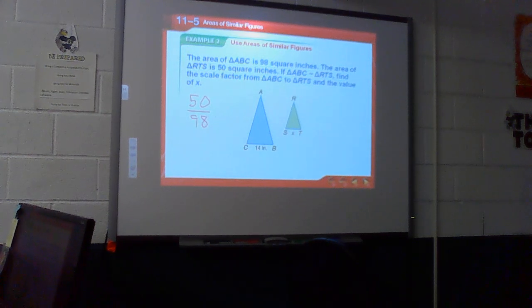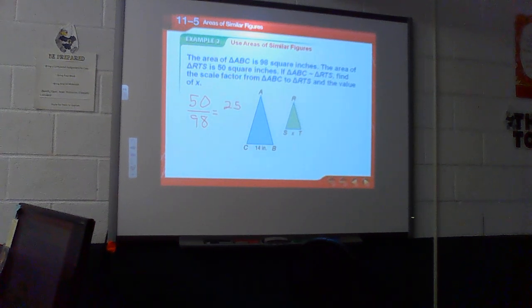So if I look at those two fractions right there, remember now, these are areas. So my scale factor with these areas should be squared. So I got to get rid of that square. But if I took the square root of each of these numbers, would I get a whole number? Do I know the square root of 98 off the top of my head? Heck no. So can I reduce those two numbers by the same thing? 2. If I reduce these by 2, what's 50 divided by 2? 25.